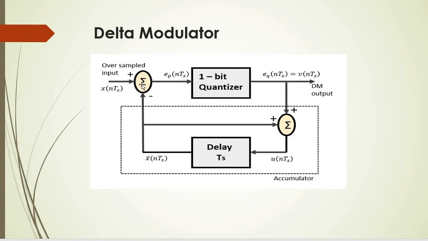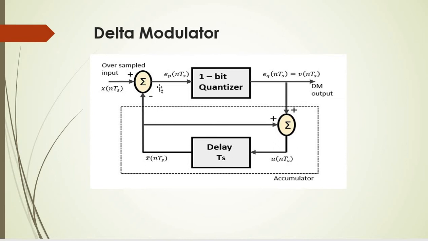It comprises a summer, a 1-bit quantizer, and an accumulator circuit. The function of this accumulator circuit is to produce a stair-step approximation of the input waveform.